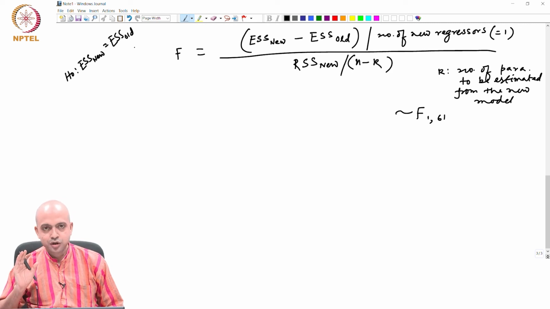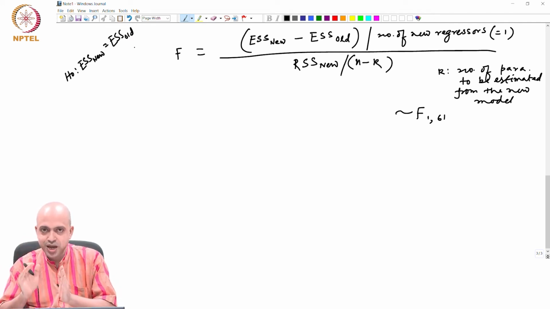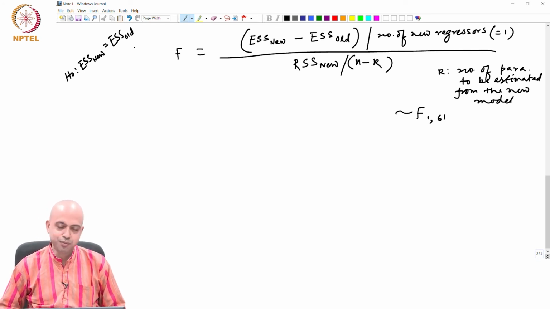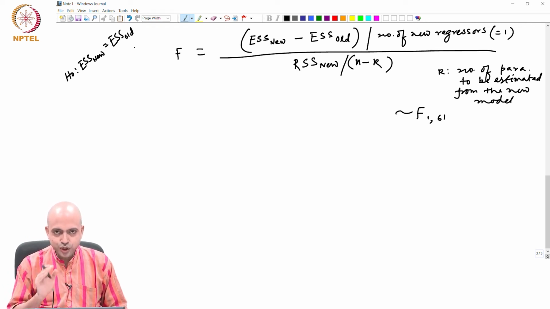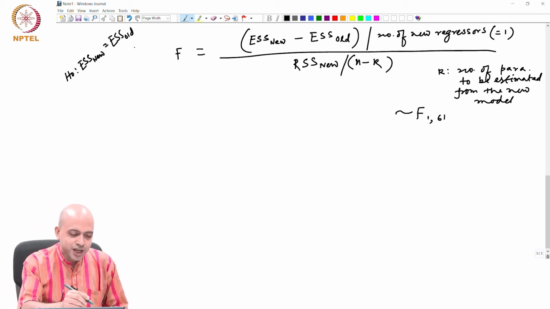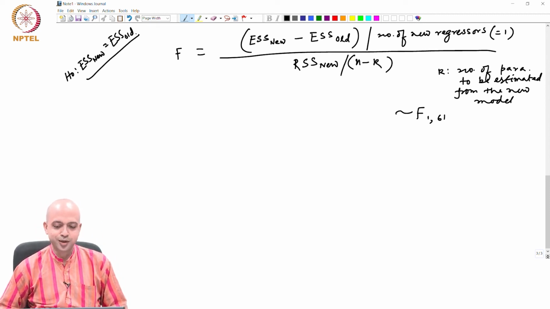Knowing that FLR is already there in the model, we are trying to add PGNP because we hypothesize that PGNP brings significant explanatory power. If that is your claim, you are saying the new explanatory power, ESS new, is significantly higher than the old explanatory power, ESS old. If you nullify that claim, ESS new should equal ESS old. That is my null hypothesis.